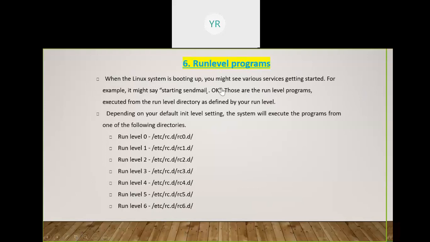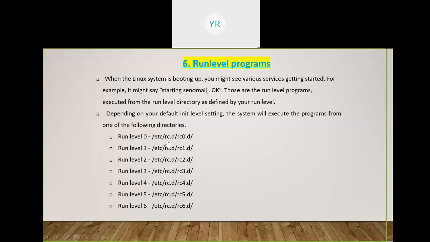Where it loads them from: in /etc you have a directory called rc.d, and in rc.d you have 7 directories: rc0.d, rc1.d, rc2.d, rc3.d, like that up to rc6.d.